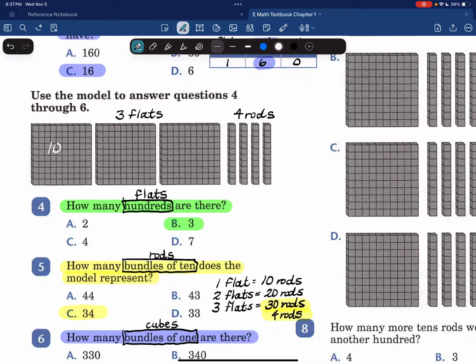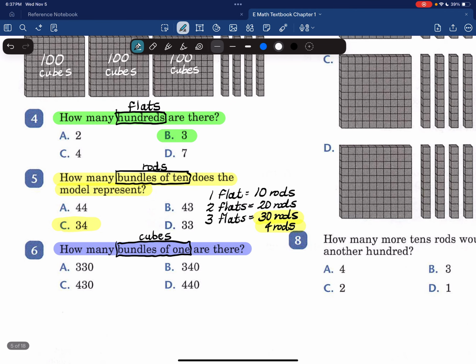This one has 100 cubes. This has 100 cubes. This has 100 cubes. So I have 300 cubes plus 4 rods.